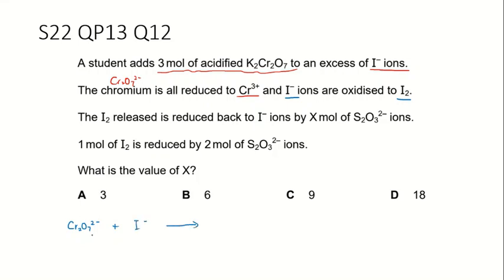All the chromium in the dichromate(VI) will turn into chromium 3+ ions, and iodide will become iodine.